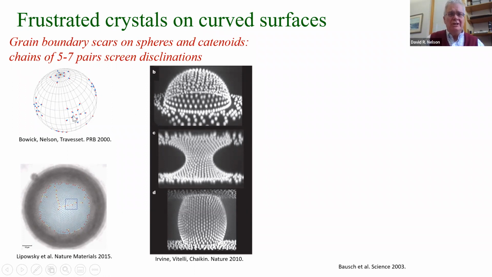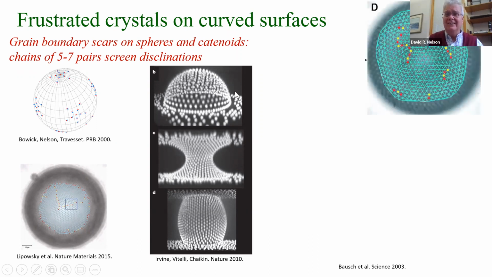What I'm showing here is this idea of grain boundary scars, which you can see on various spherical surfaces where colloidal particles on an oil droplet in water will try to crystallize. And there are, of course, 12 extra disclinations on a sphere just because of Euler's theorem, but then you can make other things like these catenoids and so forth. Here's another picture where the 5-7 construction reveals one of these grain boundary scars.